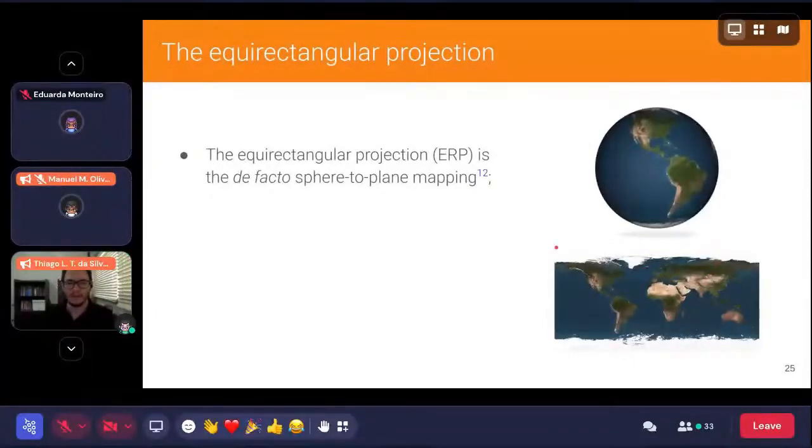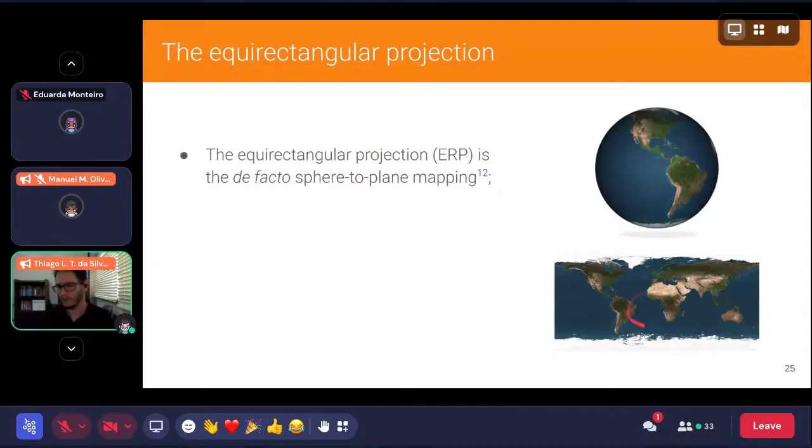So what we learned many years ago in school is that the poles seem to be much bigger than they actually are. If we have the sphere representation of the Earth in our hands, we can move the sphere and see, oh, okay, the south pole is not as big as I thought it was.